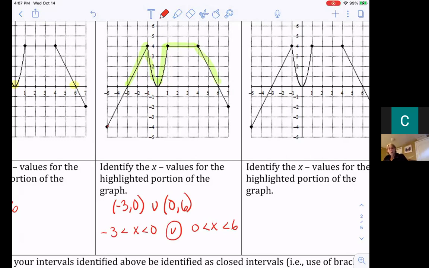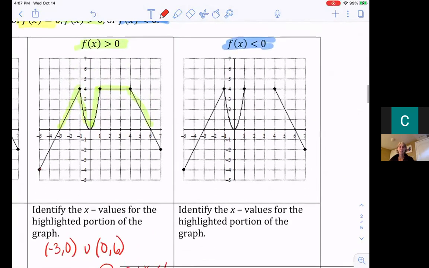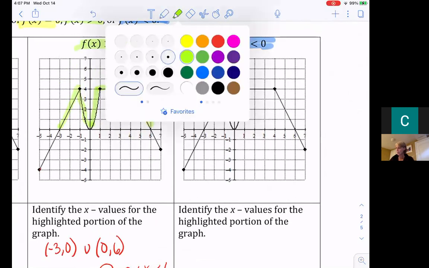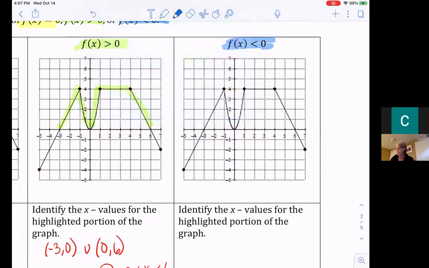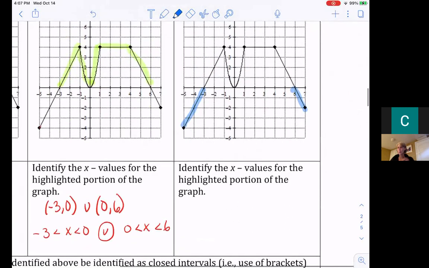Identify the x values for where the highlighted portion of the graph is less than 0. Okay, so now we're dealing with less than, and we're looking at this portion of the graph. So we want to describe that, and we want to be careful.